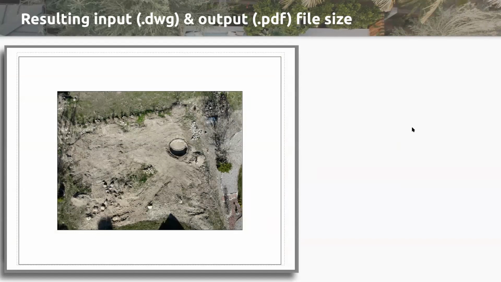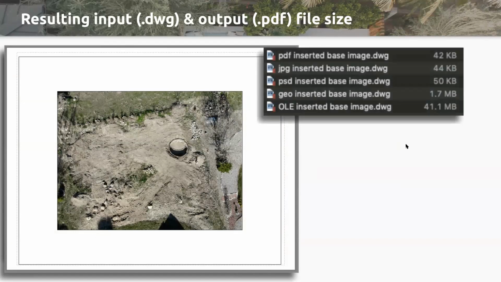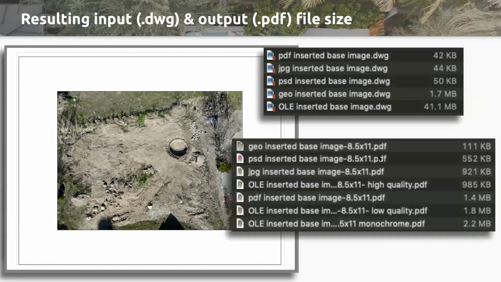But I made different versions of that DWG as different file types. And you can see the resulting file size based on how I actually manipulated or used that image. This is that exact layout.